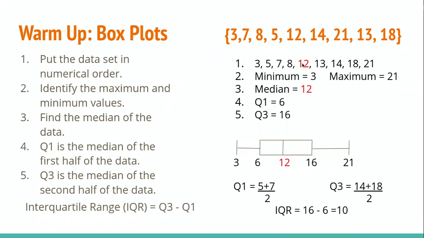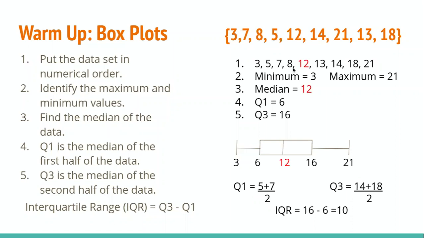Now that we've split the data, to find Q1, you are looking at these first 4 numbers, because remember, the median has now split the data into 2 pieces. So we want to find the median of this front half of the data. But again, we have to remember, there are 4 numbers.